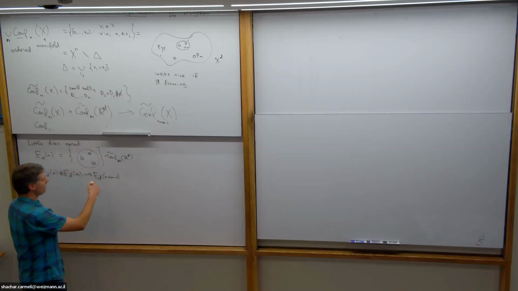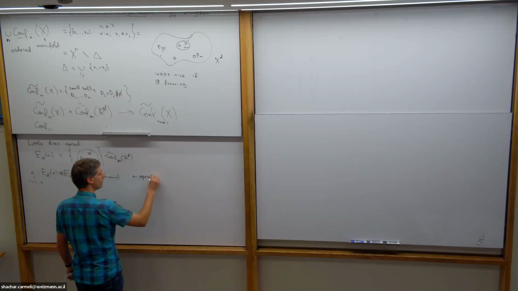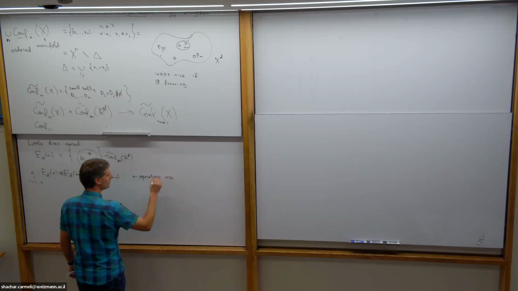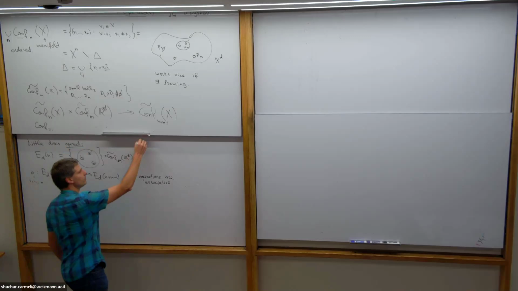And the key property of this story is that these operations, these relations, are associative. So this is what people call operad theory. So the formal definition, let me give it here.